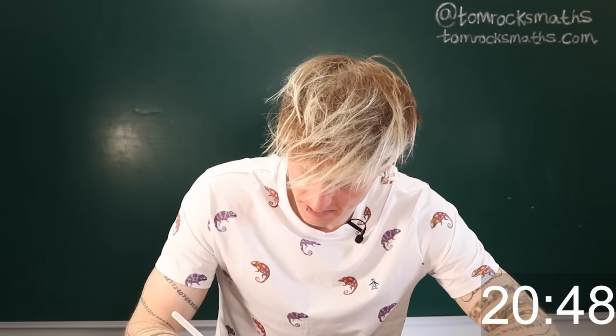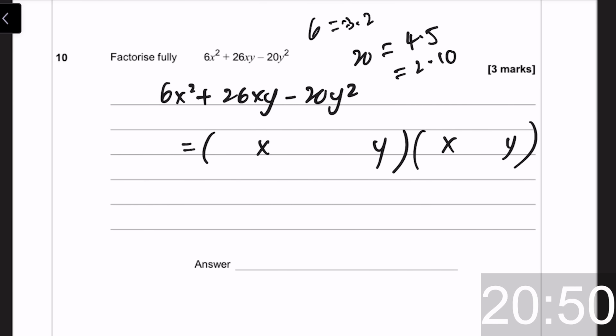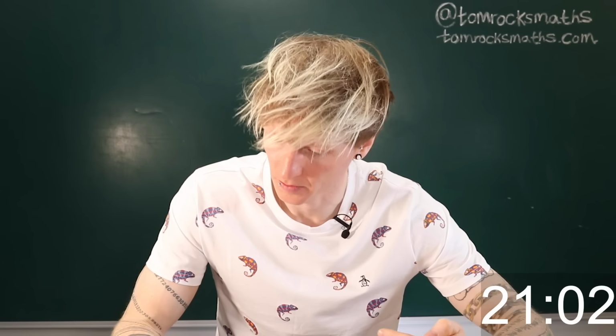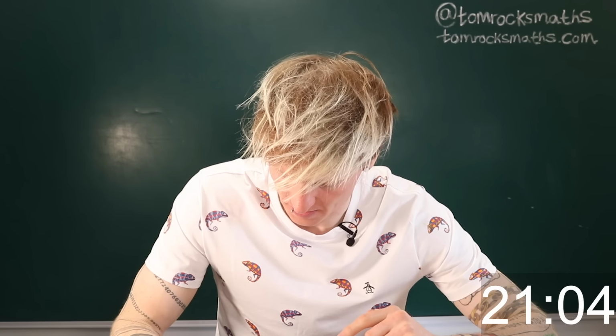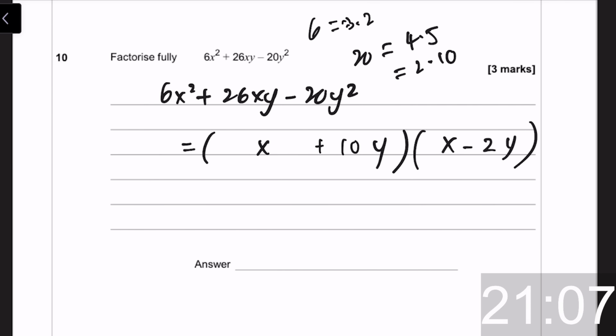So I think maybe a minus 2y. Maybe if we put a minus 2y and then a plus 10y. Okay, so that would give me plus 10yx minus 20y squared, which is what I want, when plus 10 of them, and then I need another 16 of them. Can I make another 16 of them? I don't think I can, so let's ignore that.